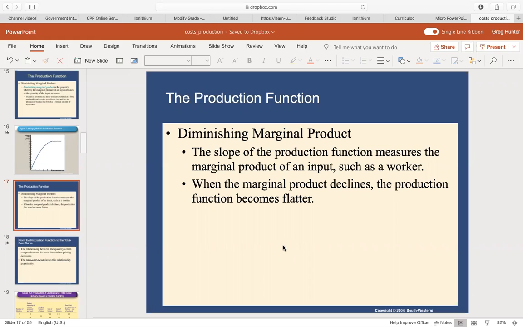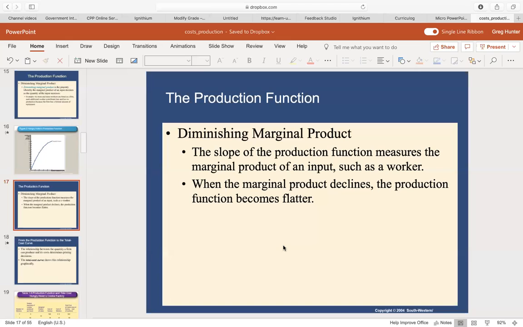So sometimes people talk about diminishing returns, which is returns is like output or whatever you're trying to get out of a production process, right? Diminishing returns to fixed factors of production, which means that in the case of Hungry Helen, the reason why she's getting less and less output per worker is because she has the same number of machines, the same amount of floor space.